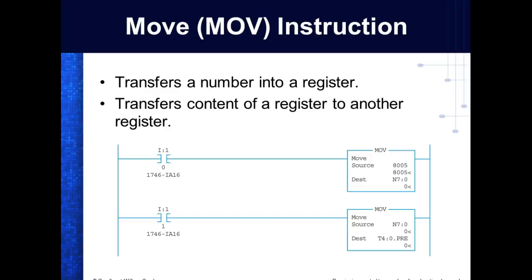Which one? Talk about one at a time. Okay. So what we have to understand when we look at the move instruction is that one can use immediate, but the other one has to be one of our other addresses. The destination has to be a data location, a register, right?